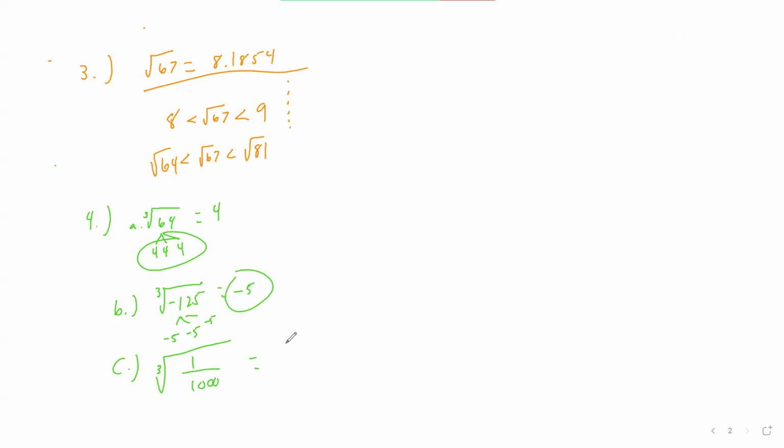And just like the square root, you could separate this as the cube root of 1 over the cube root of 1,000. The cube root of 1 would be 1 times 1 times 1, which is 1. The cube root of 1,000 would be 10 times 10 times 10, so the answer is 1/10. Or your calculator might give it to you as 0.1, but on this one, since you start with a fraction, your homework's going to want the fraction.